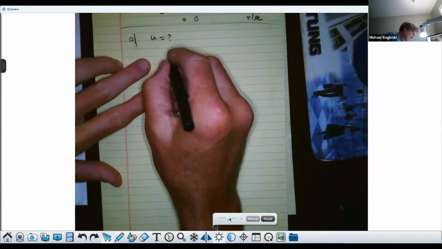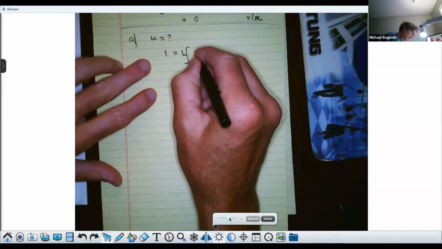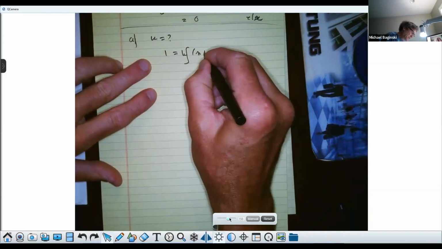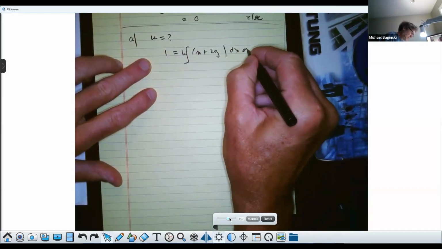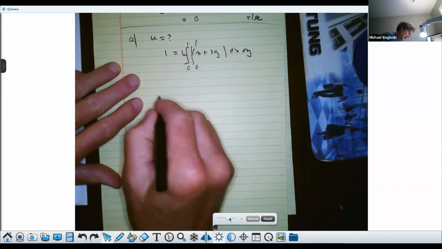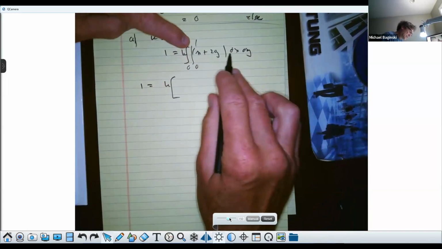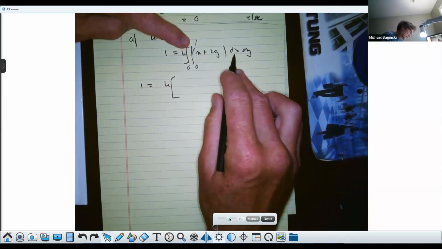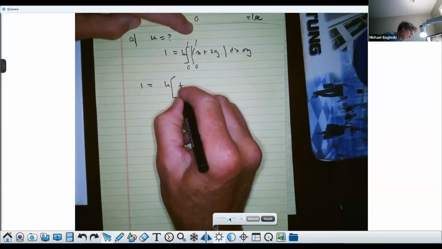So 1 is equal to the integral of k times (x plus 2y) dx dy, a double integral from 0 to 1, 0 to 1. I have 1 equal to k, and when I integrate x dx, I get x squared over 2, evaluated from 0 to 1, so that's 1/2, right?